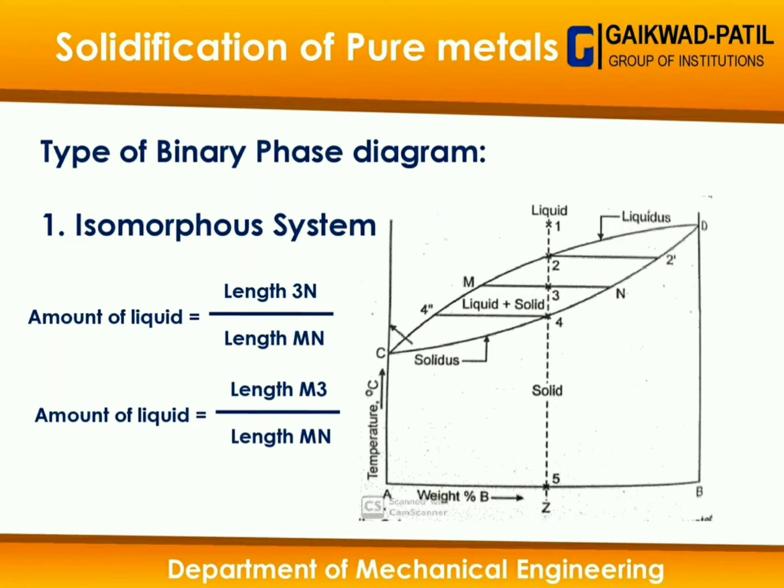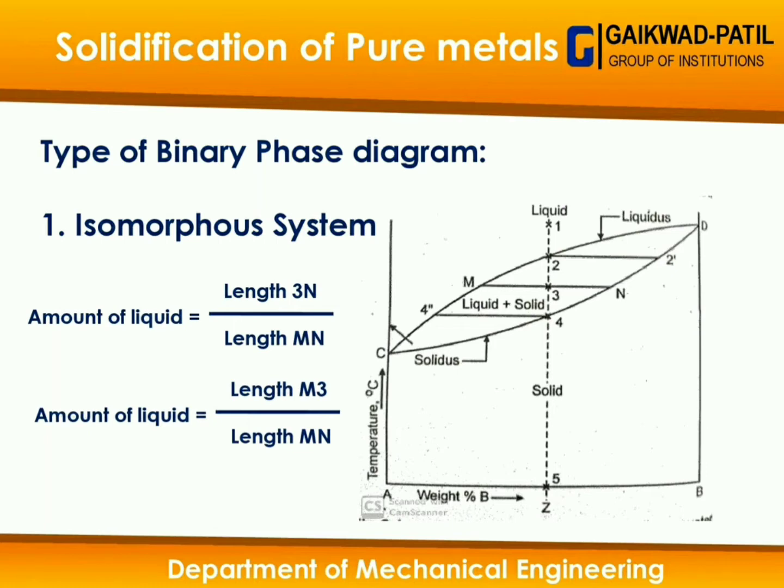When we mix metal A with metal B at the molten stage, metal A absorbs the higher temperature and metal B dissipates its temperature to metal A, due to which an equilibrium is formed at a certain point, point 3, and we get a liquid plus solid solution.